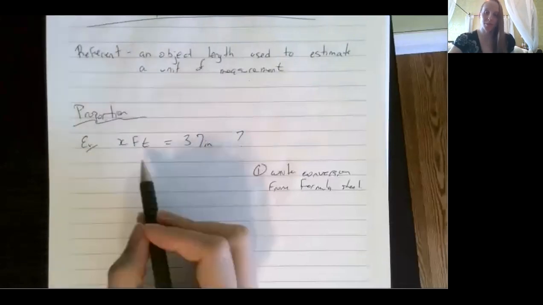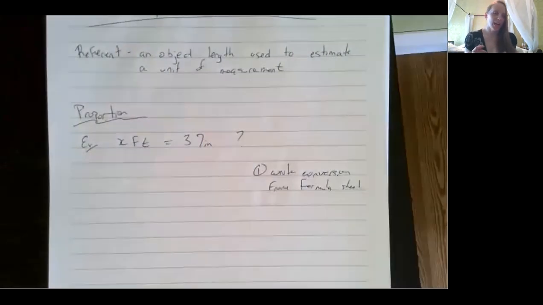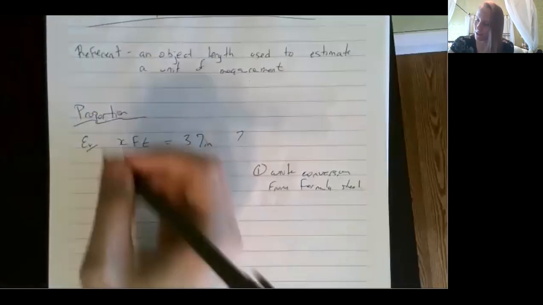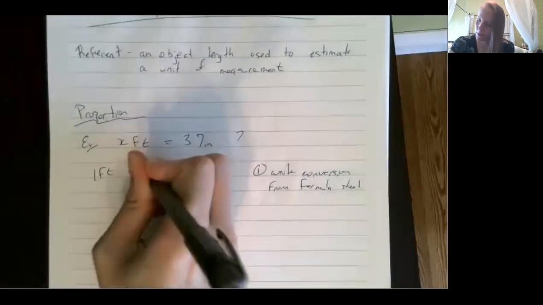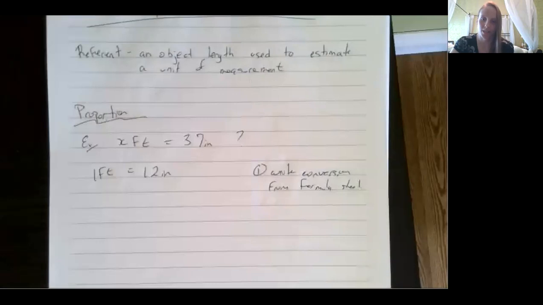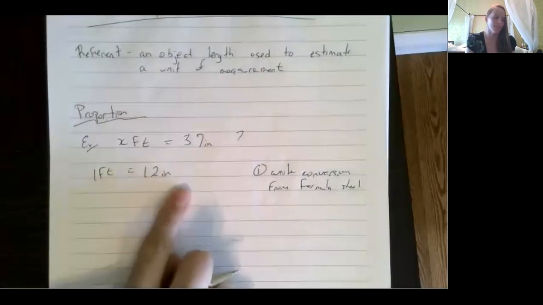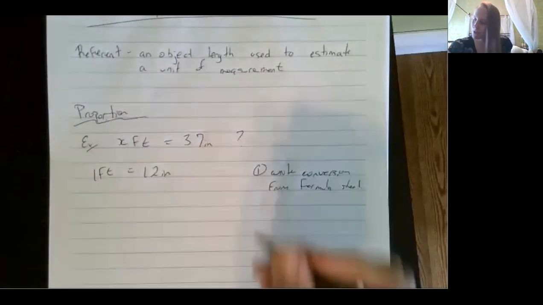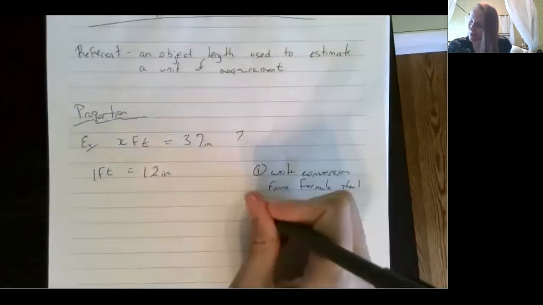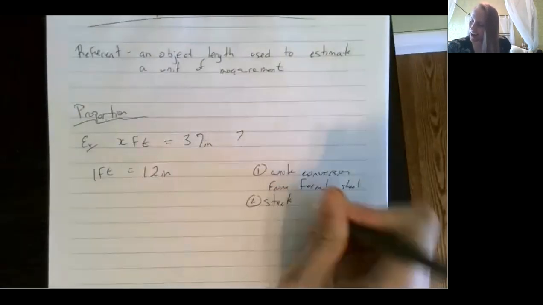So when we're converting between feet and inches on our formula sheet, if you look at that, let me pull mine up here, it just says that 1 foot is equal to 12 inches. So that is step one, is to just write out our conversion. And then step two is to stack our units.